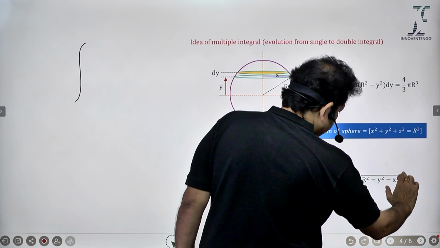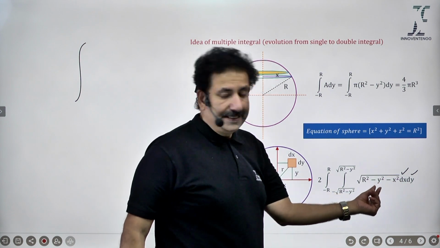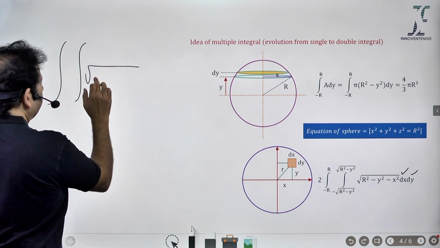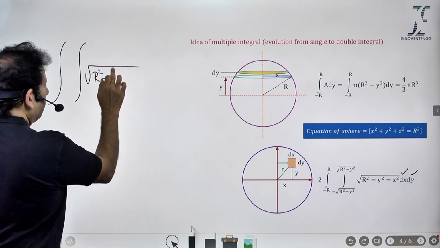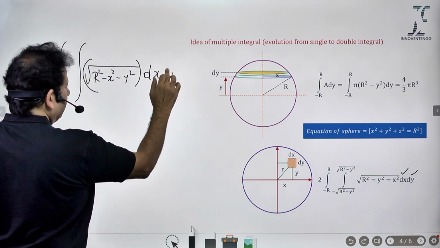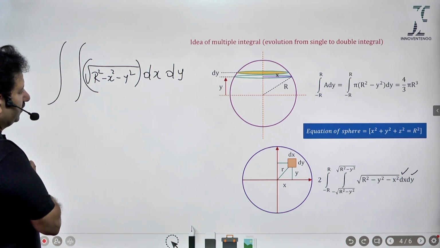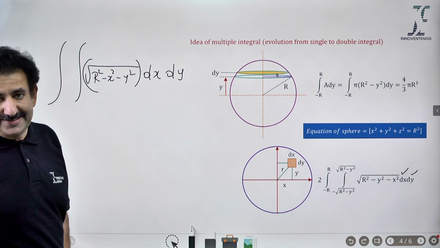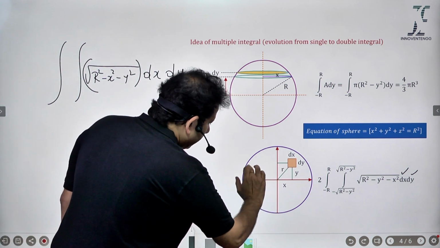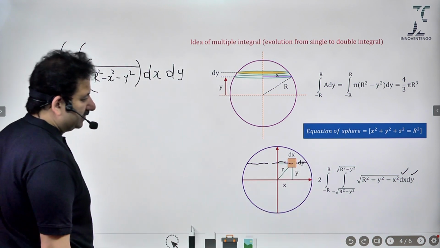Here you can choose either to begin with x or y, but we have decided to start with the integration with respect to x. So my z is given by root of r square minus x square minus y square. Now let's say that first I want to integrate with respect to x and then with respect to y. In order to integrate with respect to x, I need to fix the limits of x, which is very obvious. If I want to fix the limits of x, I need to look at this particular line.